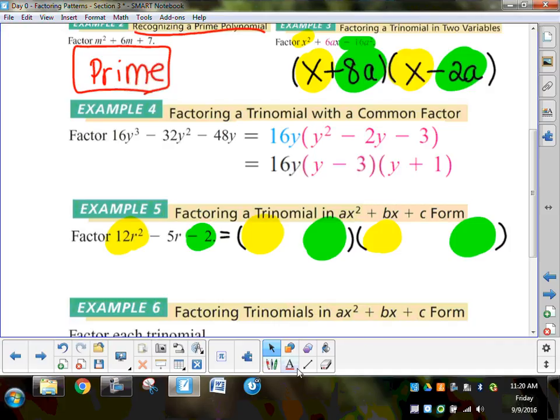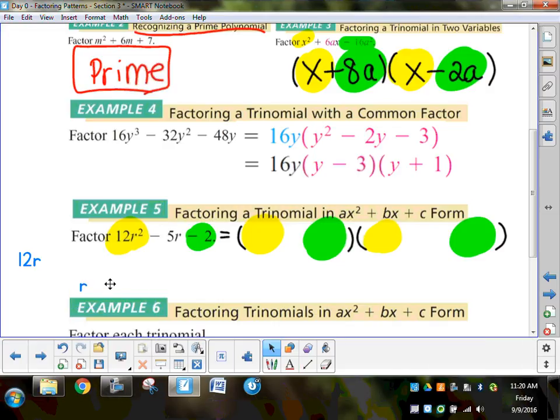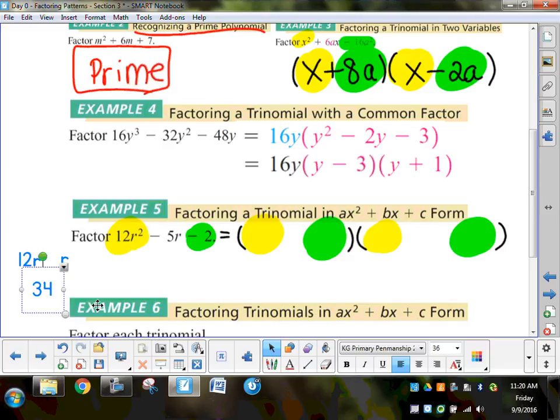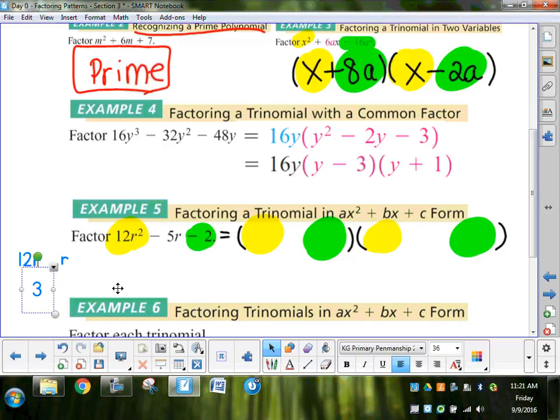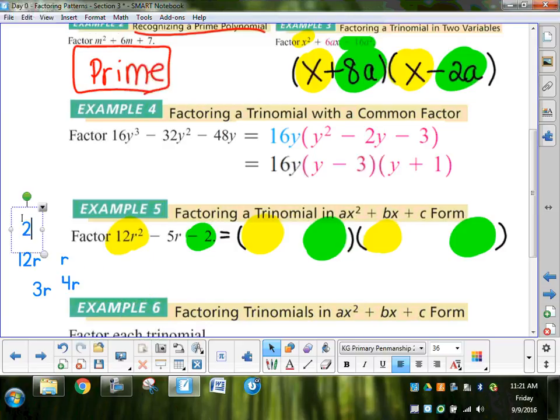Let's pick this one. So one of them is going to be a 12r, and that can get paired with an r. The other candidates for that yellow spot are 3r and 4r. I also need to take into account 2r and 6r.